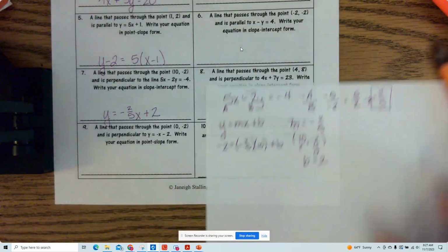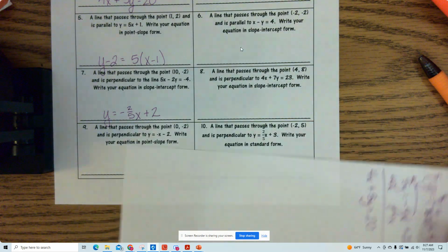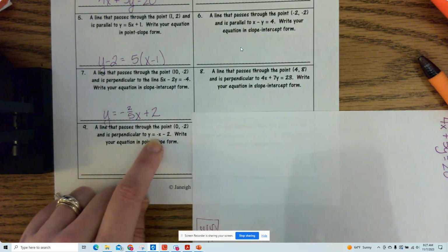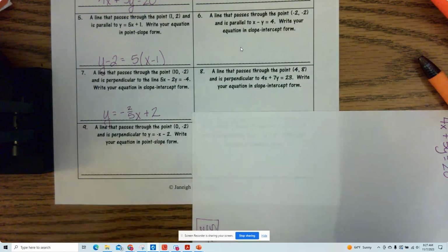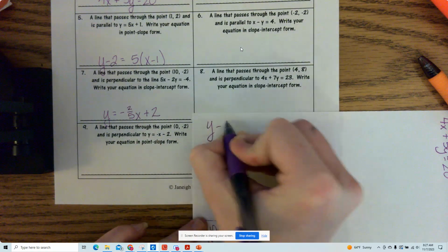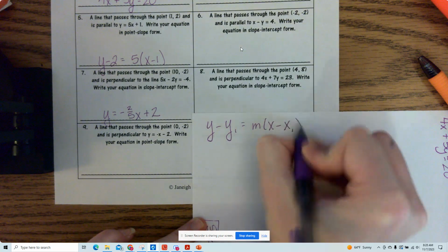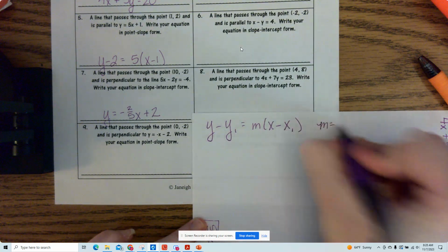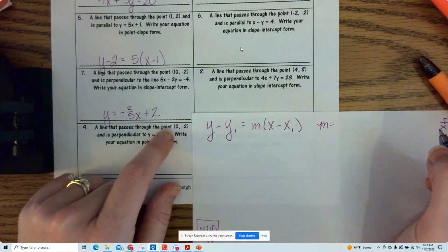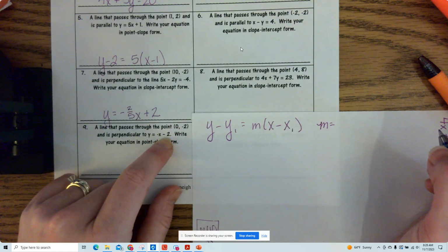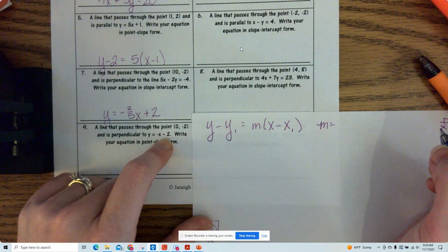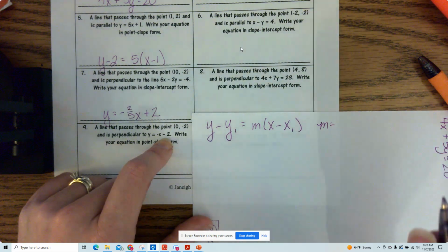All right, perpendicular and point slope form. So for point slope form, I need a slope. What's the slope of my original line? -1.